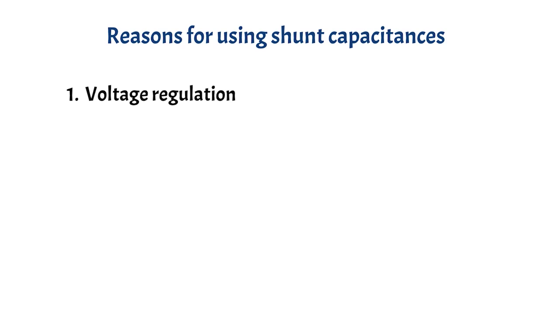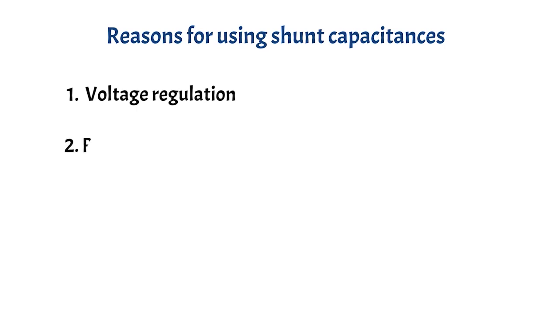As a result, the voltage at the substation bus and the load bus varies. Additionally, the load power factor is always lagging. This is because the loads are usually inductive. Therefore, a shunt-connected capacitor bank at the substation can raise the voltage when the load connected is high.